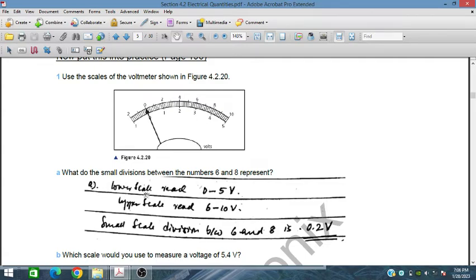This meter has two ranges: a lower scale range from 0 to 5, and an upper range from 6 to 10. The small division between 6 and 8 is 0.2 volt.